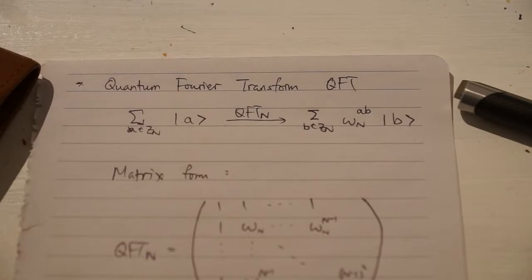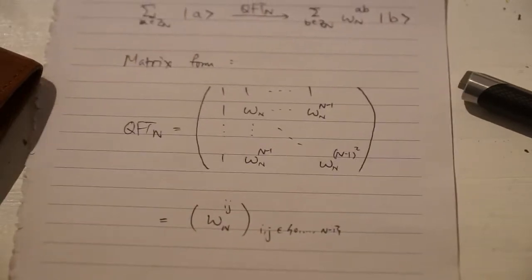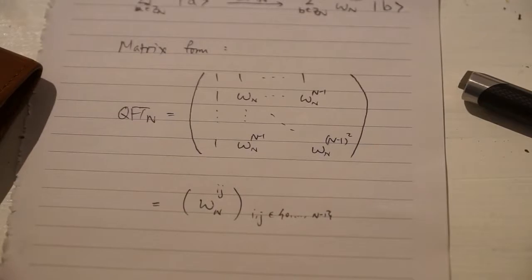It takes the superposition of A and maps it with uniform distribution to the superposition of B, each with probability omega n to the power AB, where omega n is a primitive nth root of unity. In matrix form, we can write QFT_n like so, where the ijth entry is just omega n to the power ij, where i and j range from 0 to n minus 1.